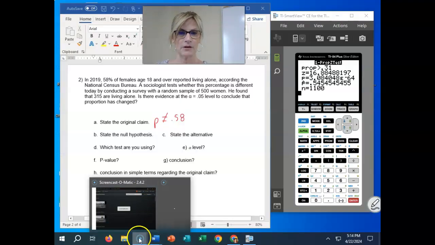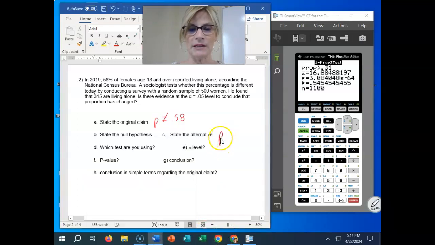Okay, that means that will be our alternative, and the null would be that it is 58%.